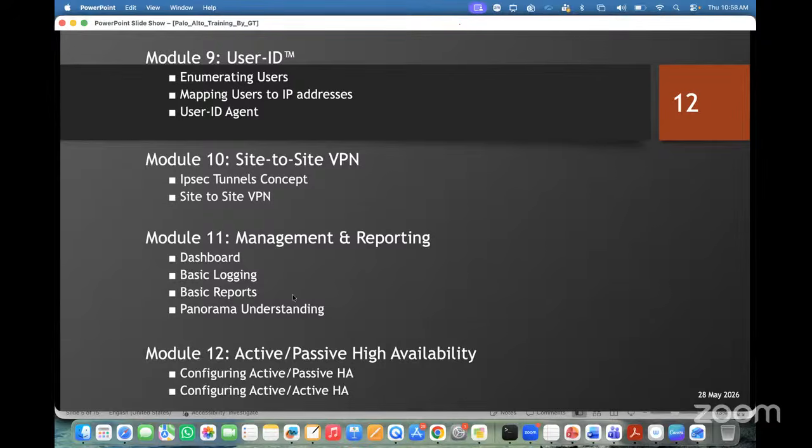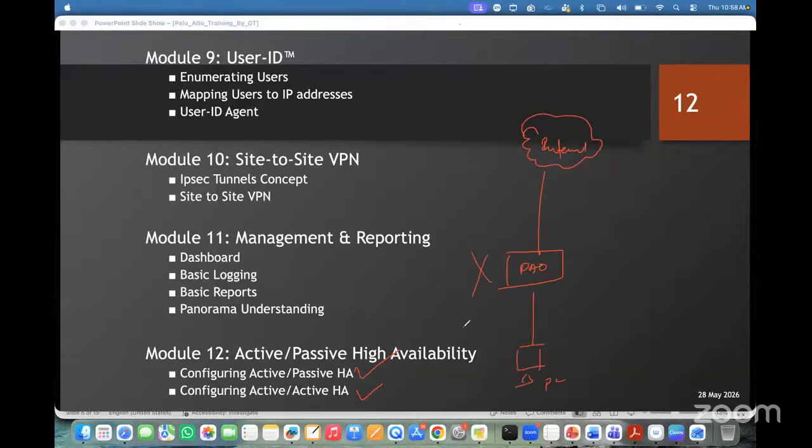And last but not least, this is going to be your HA deployment. HA deployment is basically how my firewall is going to give redundancy. If I have one single firewall, PA01, and everything is going to the internet, via this is the user. What if this firewall goes down?